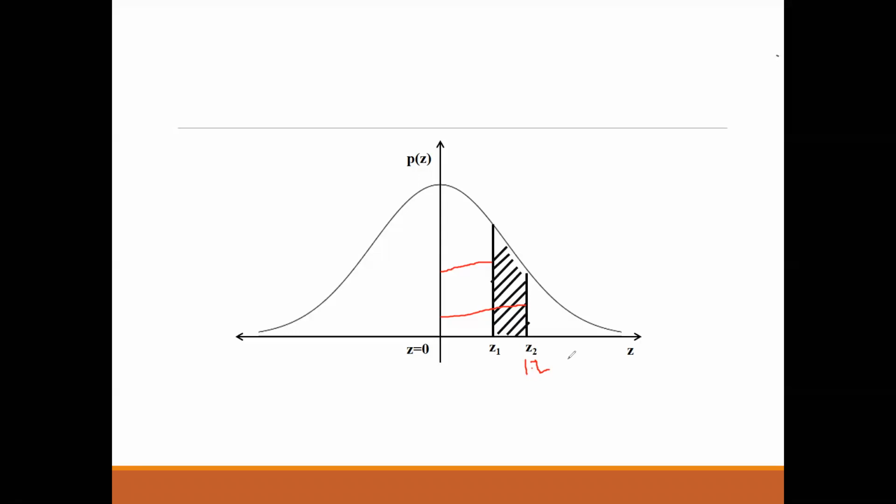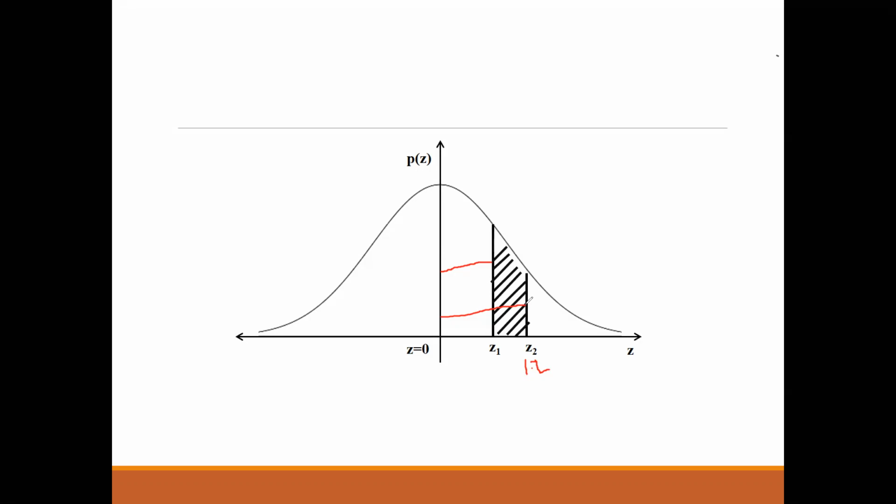So this is 0.6 and this is 1.25. Once I find the probability for this whole area and subtract the probability for the area between 0 and 0.6, I can find the probability for the area between 0.6 and 1.25. That is what I want to say. Is it clear?